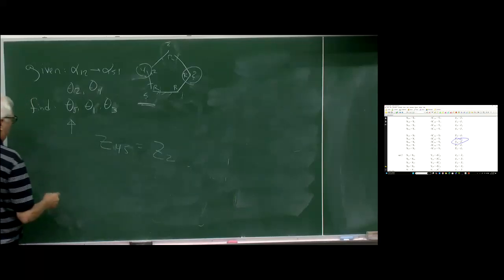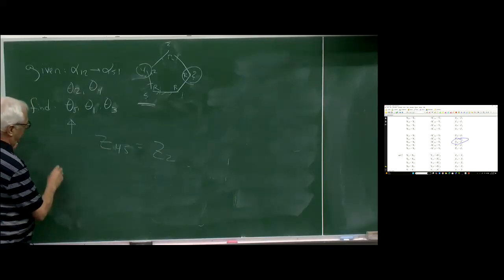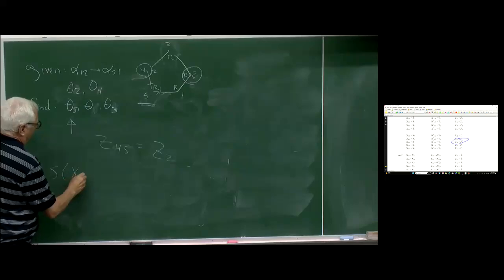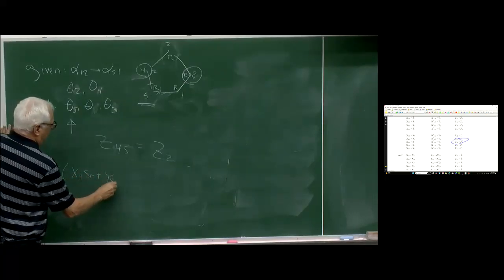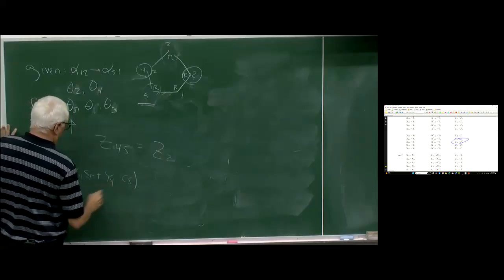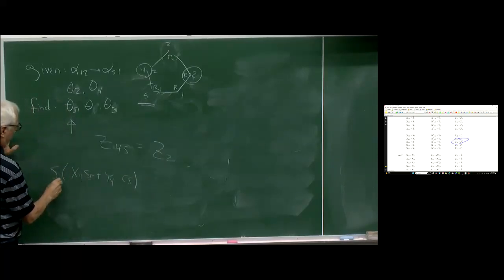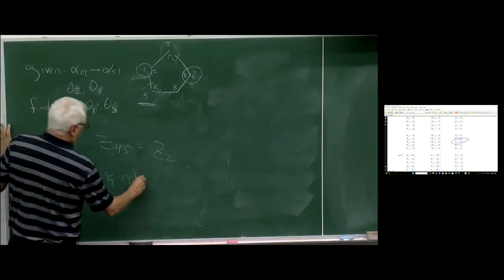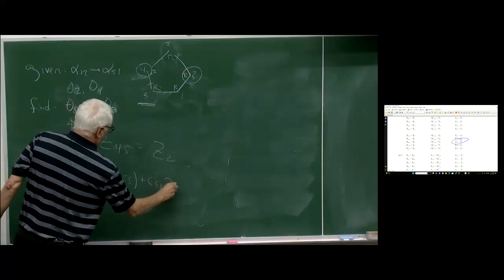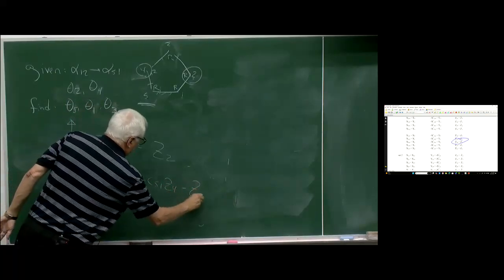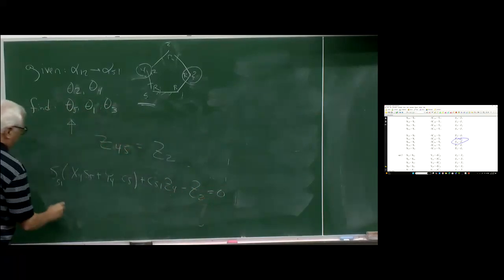So Z45's definition is XS plus YC 4, 5, what's that, 5, 1? Plus cosine 5, 1, Z4, I'm going to say minus Z2 equals 0.